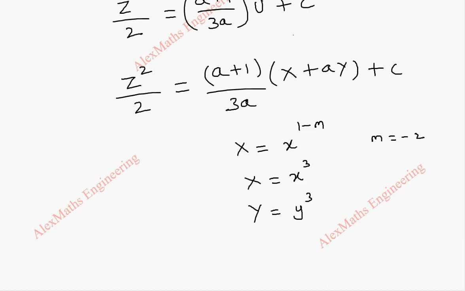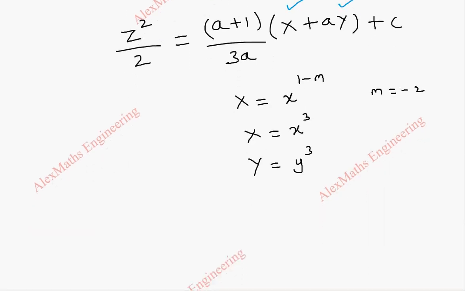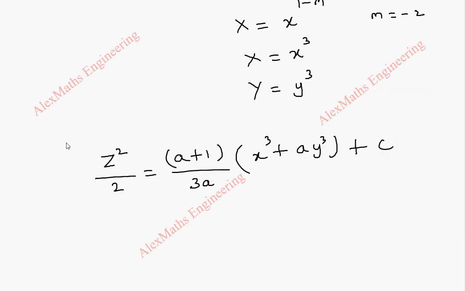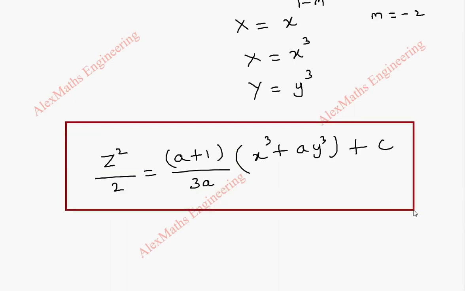So we are going to replace that in place of capital X and capital Y. So finally we are going to get z square by 2 equal to (A plus 1) by 3A into (x cube plus A y cube) plus c. This is our required complete solution.